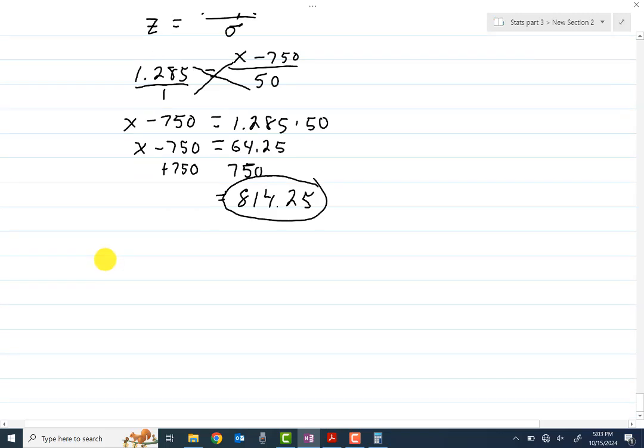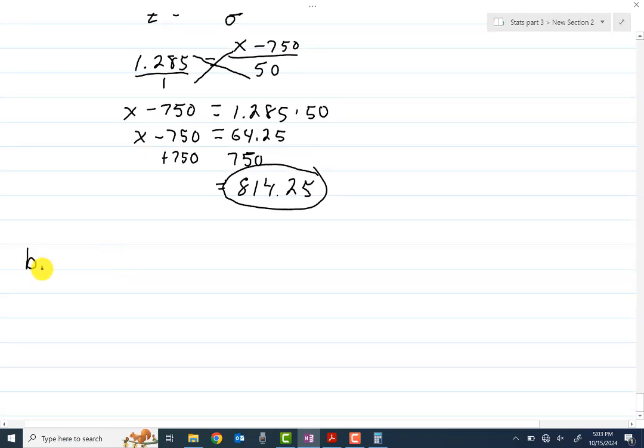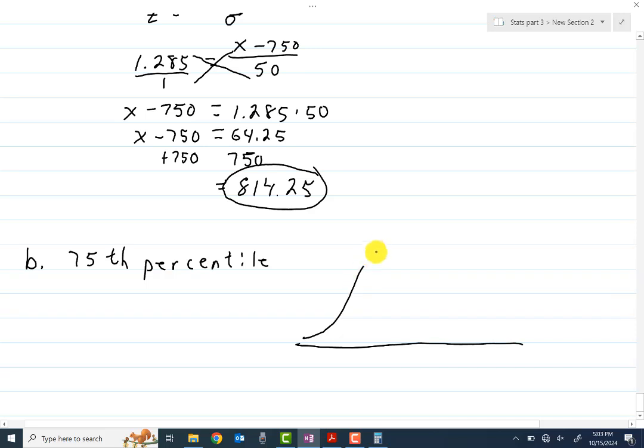There was a second part to it. Part B was what's the 75th percentile. So I'll redraw the picture, the original one. It had a mean of 750. The 75th percentile then is going to be a score that we don't know, but I do know that to the left of it is 75% of the data.